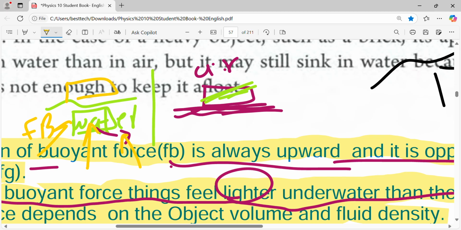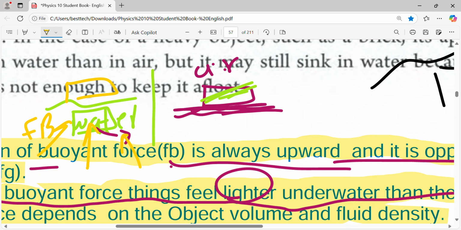That's why the weight of the object is lighter: the force of the water, the buoyant force, pushes the object up.